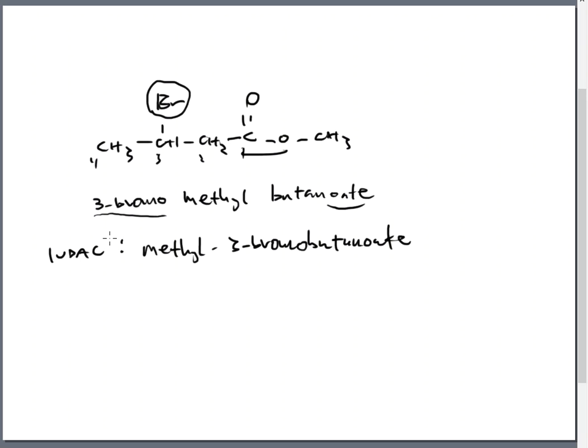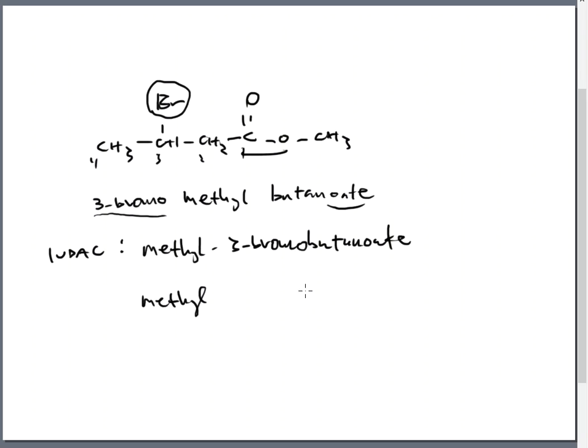Now, this does have a common name. Let's work through that common name for a minute, because this could be a trick. Okay, I named the piece on the O, and that piece is a methyl. There we go. Methyl. Now I need to name the other side, and the other side is still a 4-carbon chain.